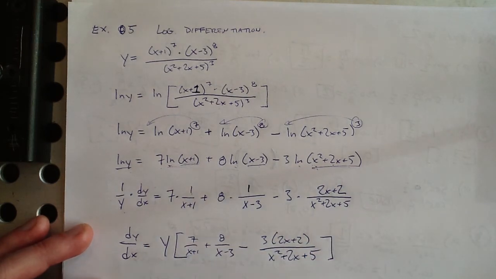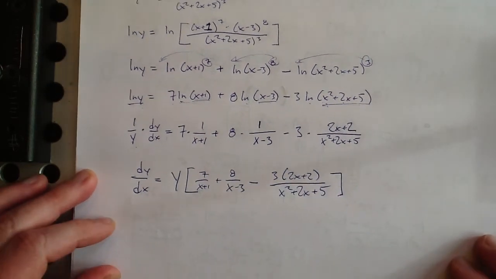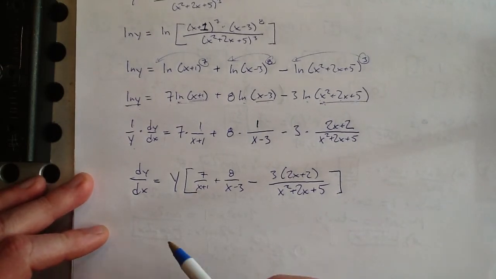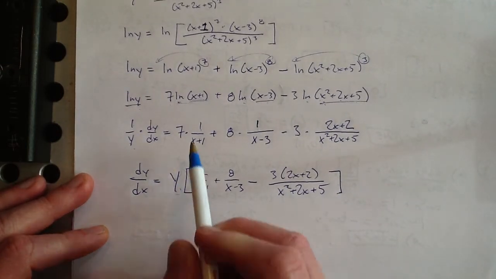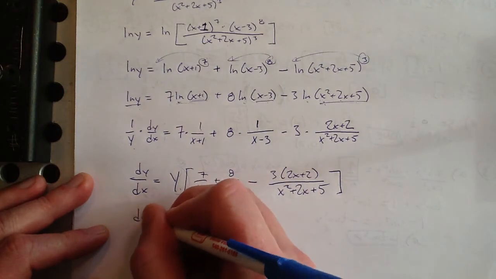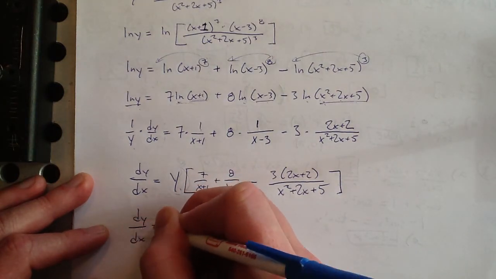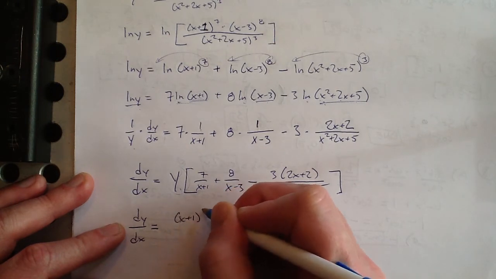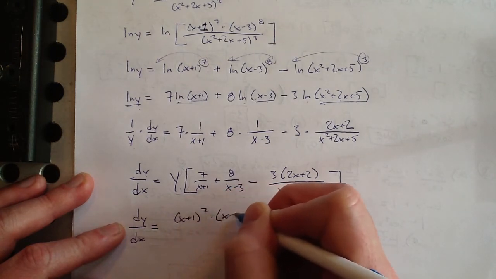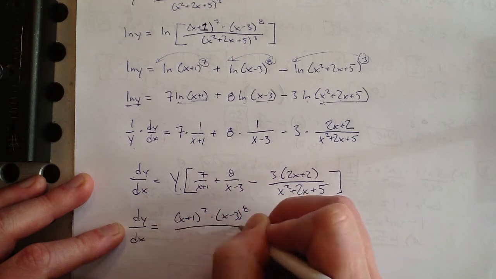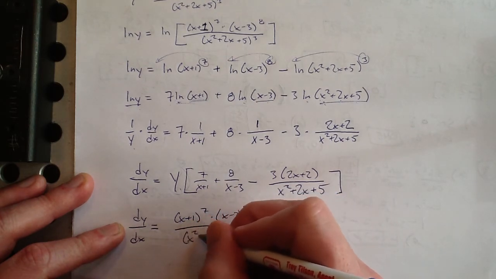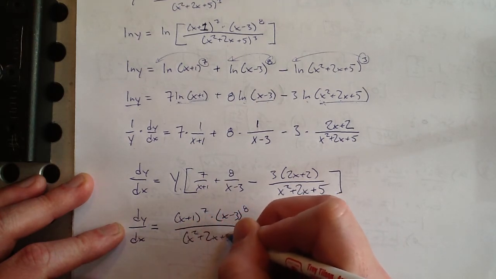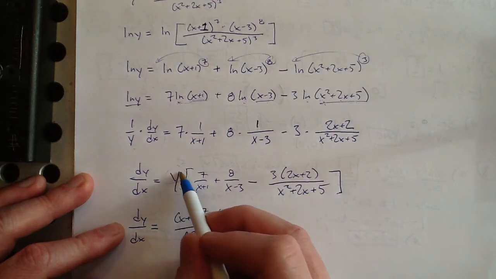And then, depending on what you want your answer to look like, if you don't want it to have a y on this side, we know what y is equal to. So here's the whole big, ugly, messy answer. It's x plus 1 to the 7th times x minus 3 to the 8th over x squared plus 2x plus 5 to the 3rd. That's y, right?